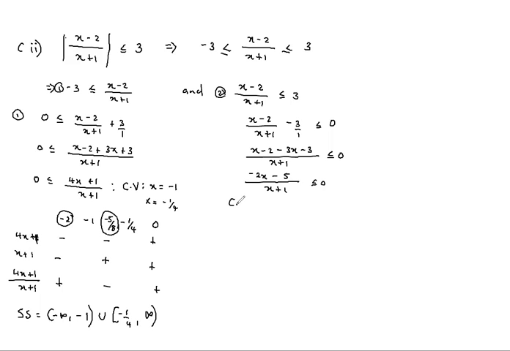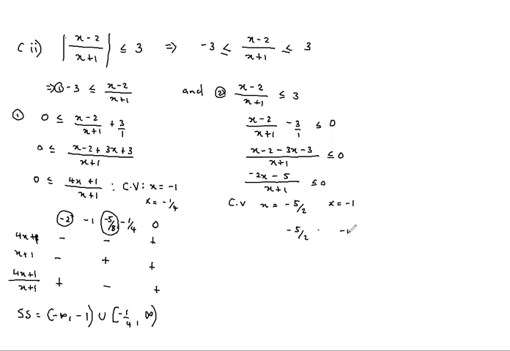So the critical values, you get x equal to negative 5 over 2 and x equal to negative 1. So you have negative 5 over 2, you also have negative 1.